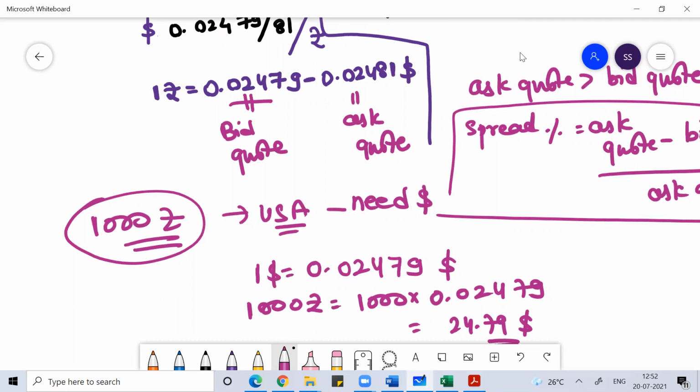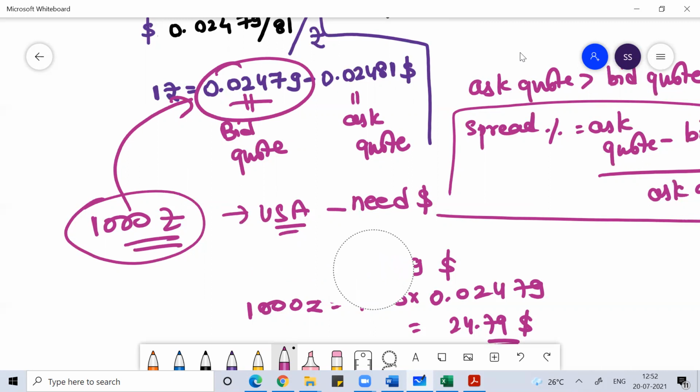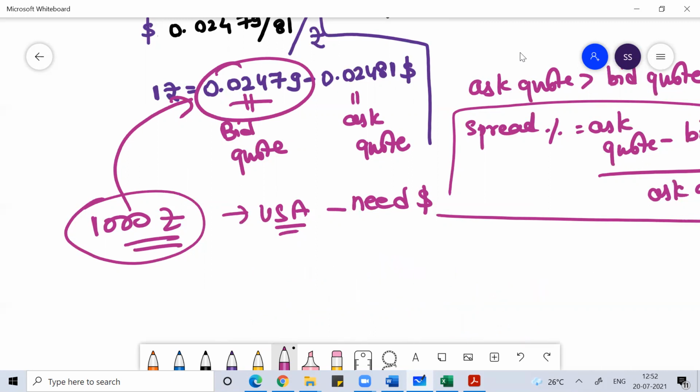So the bank will buy the rupees you want. If you go to the bank, it will buy rupees from you at 0.02479. And tomorrow, when you return from the US, you have $24.79, and suppose now you have $15 with you. You tell the bank in India to give you rupees, because in India you cannot use dollars. At what rate will the bank give you?